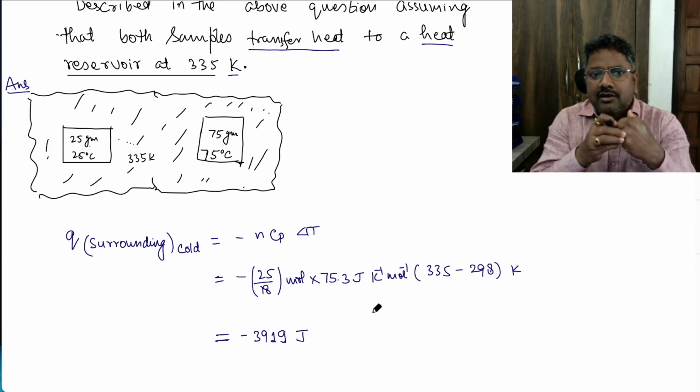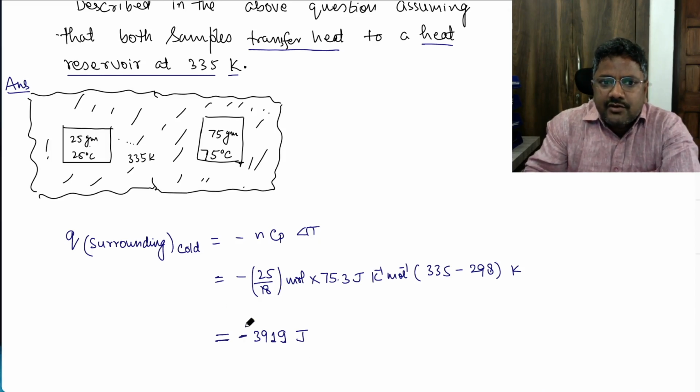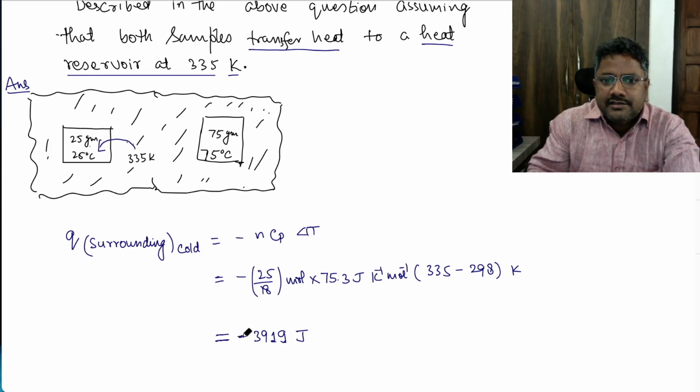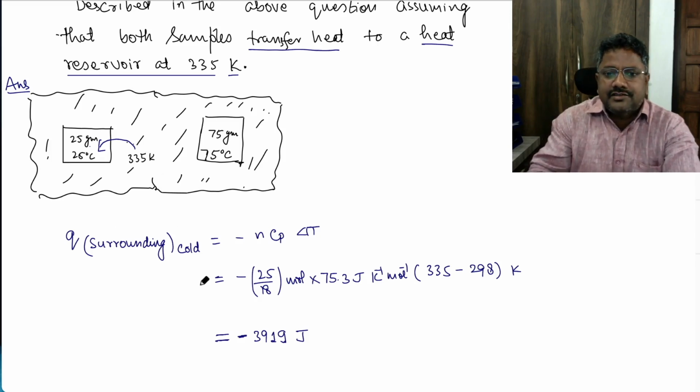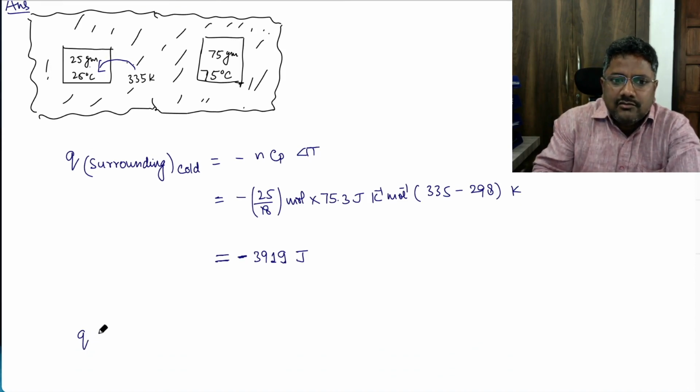So this amount of heat energy is transferred from surrounding to system, because see, this is negative for this surrounding, right? We are calculating Q of surrounding of this, and similarly Q surrounding for hot.